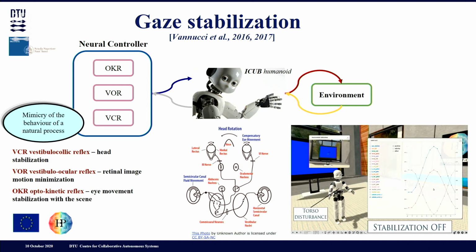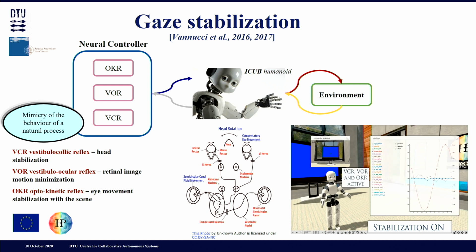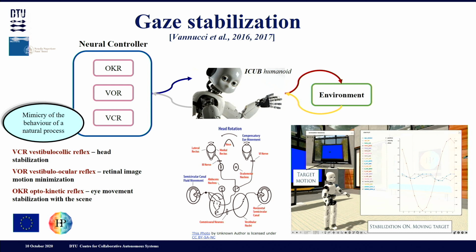The first is for head stabilization, the second for minimizing the retinal image motion, and the last one for stabilizing the eye movement with the scene I'm observing. In this work, it was the first time we were able to couple the three systems all together, and we obtained exactly the same behaviors we have in human beings with the humanoid robot iCub in simulation.